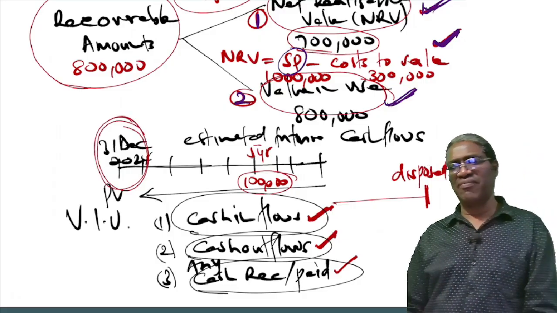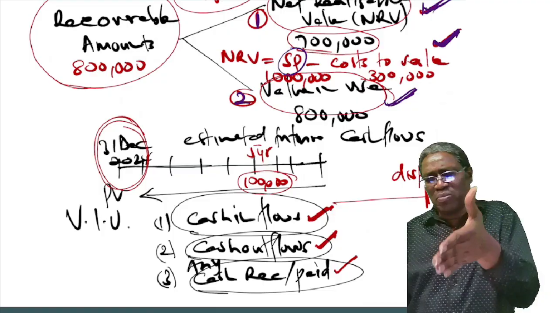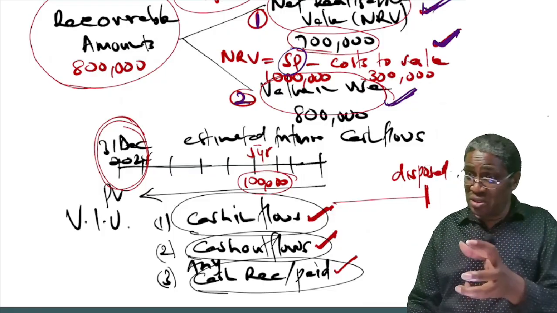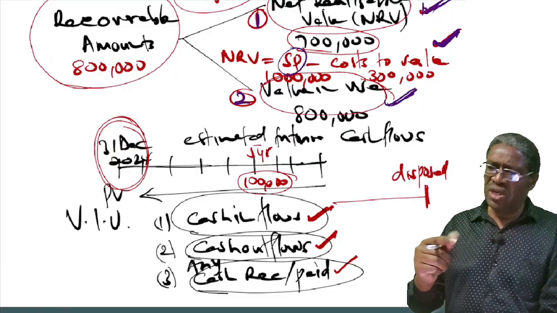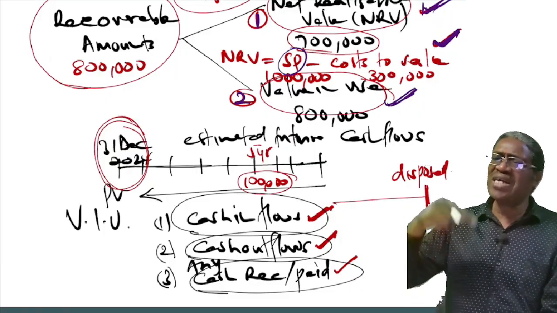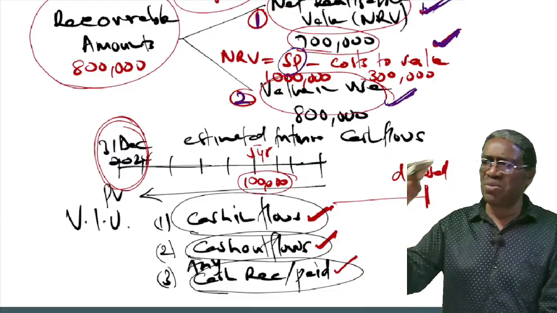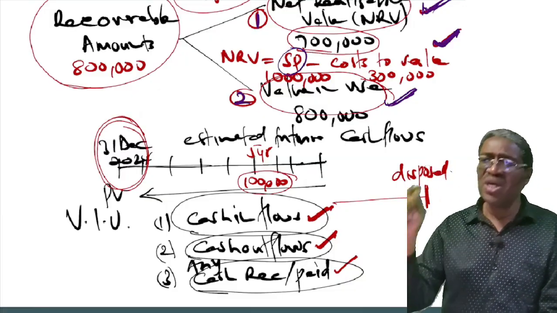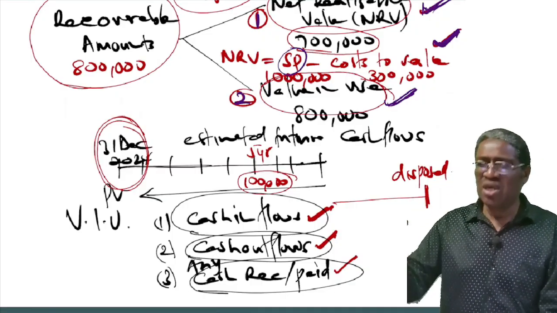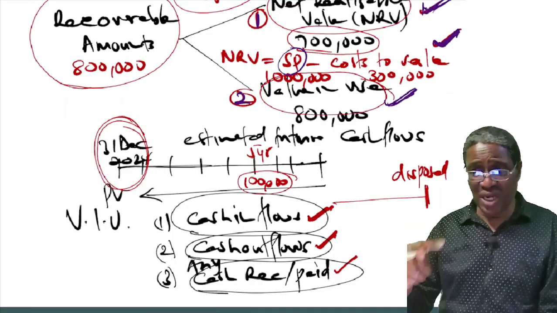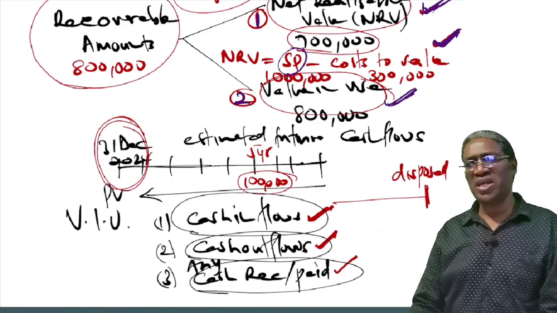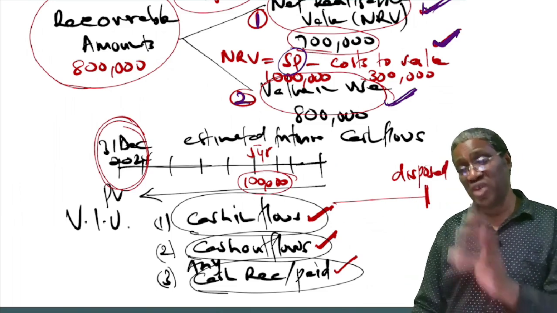If you are testing for impairment as at 31st December 2024, you will have to ask yourself, as we shall be continuing using this asset in the future, whether it's machinery or motor vehicle, what are the estimated future cash flows that will be generated from the continuous use of the asset?